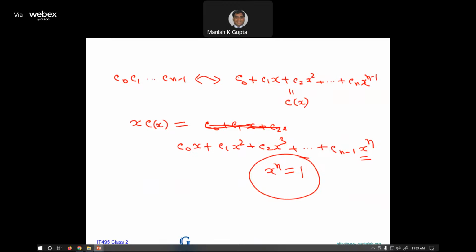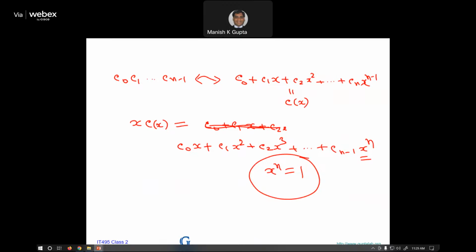Now, remember, a cyclic code has two properties. It should be linear, of course. And second, it should be closed with respect to cyclic shift. So what do you mean by cyclic shift? If I take C(x) and multiply it with x, actually we are doing the cyclic shift, right? C0, which was the constant coefficient, is now the coefficient of x.